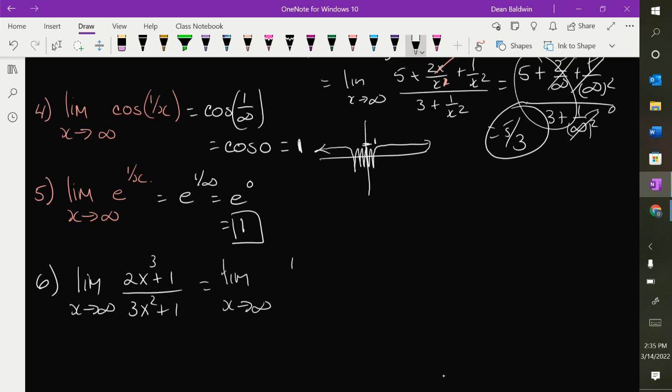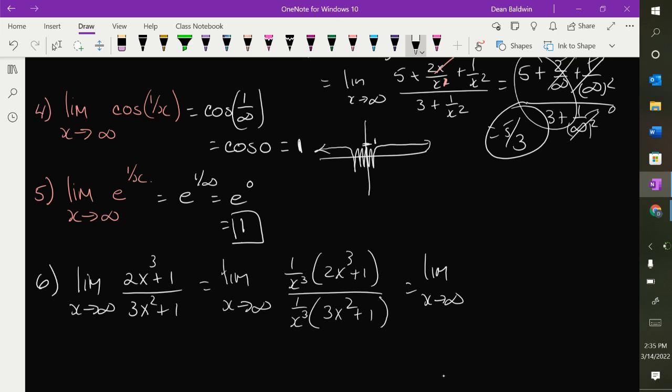So I multiply top and bottom by the reciprocal of that, which gives me 2 plus 1 over x cubed over 3 over x plus 1 over x cubed.